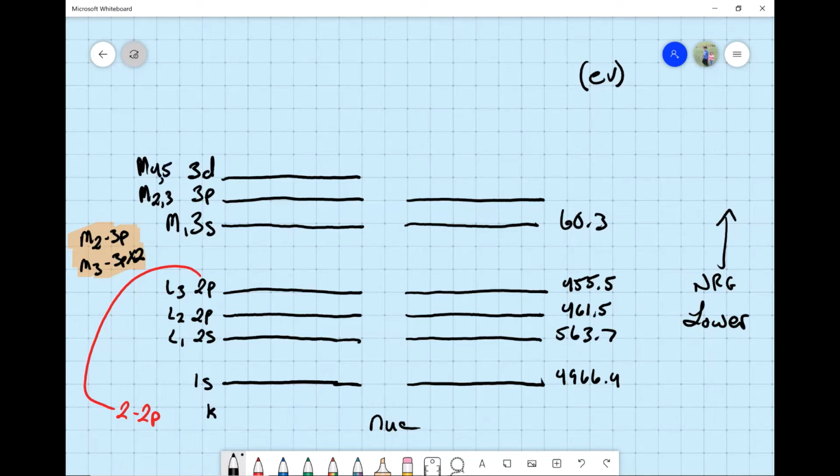So M4, 5. And so M4 is 2 3Ds. And M5, you may have guessed it, is 3D times 3. Okay, and let me write that again. I apologize. That was a little illegible.